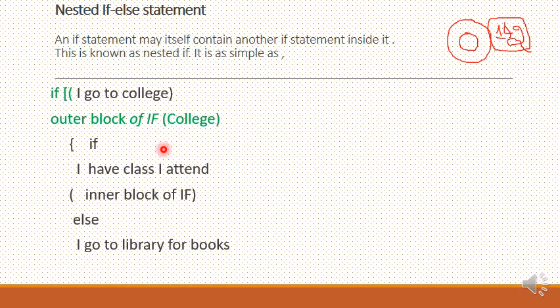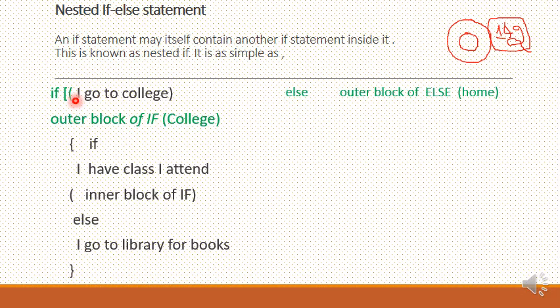This is called the inner block of the if statement. The inner block is executed only if the outer condition is true. But what happens if this condition is false? That means you are not going to college. Then what happens? We will see here. But what happens if you have to close this?